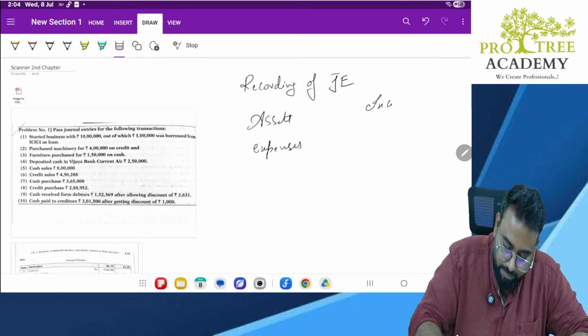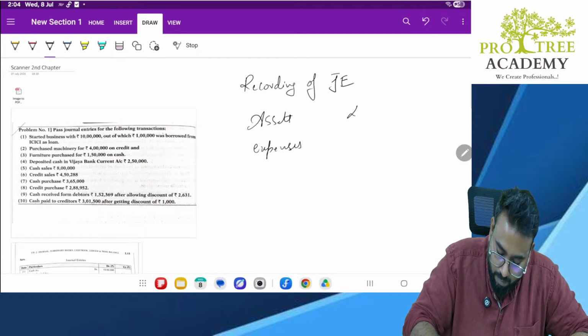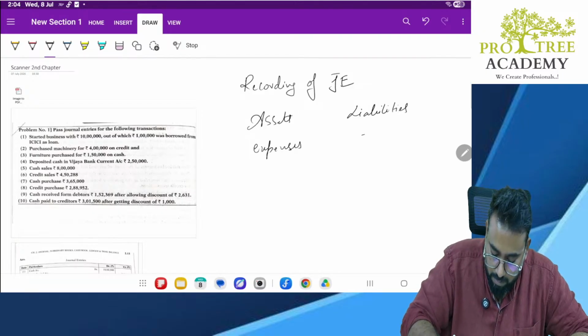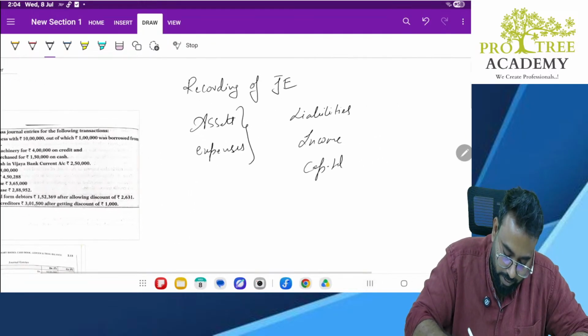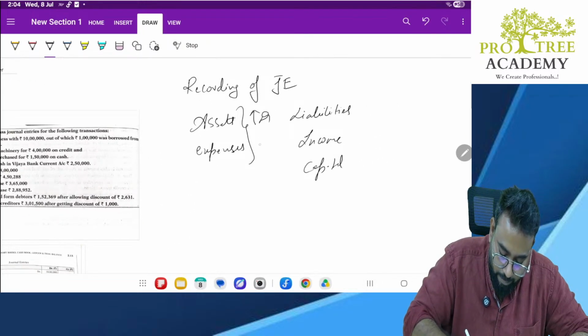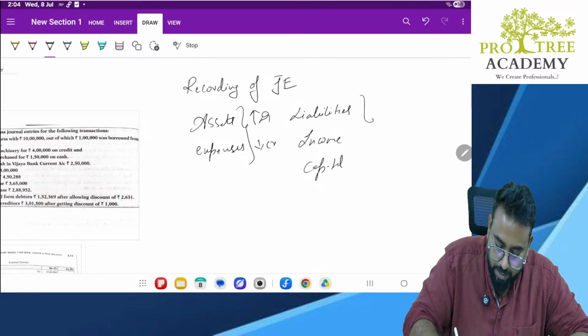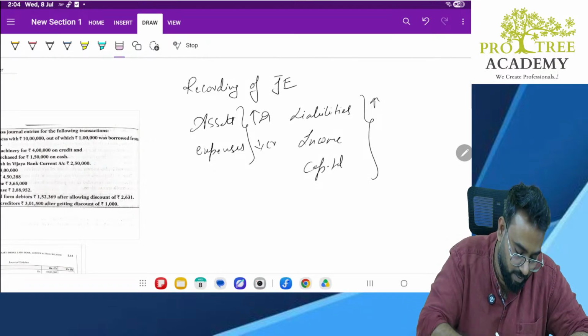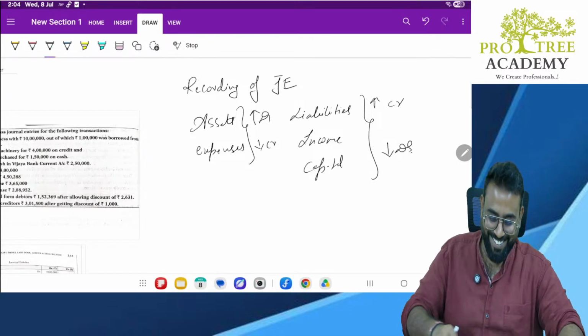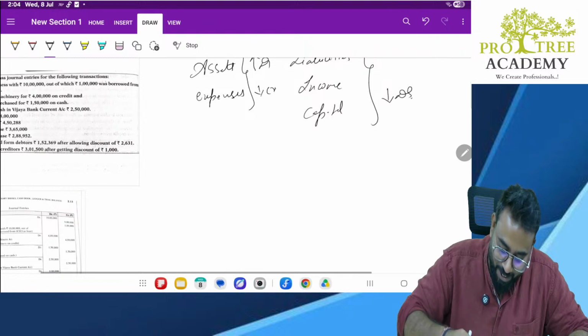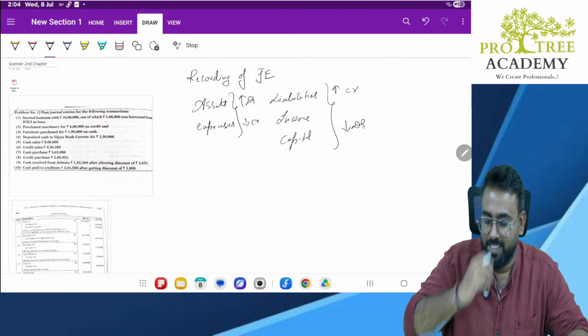Increase is debit, decrease is credit. So this is your journal entries, correct?